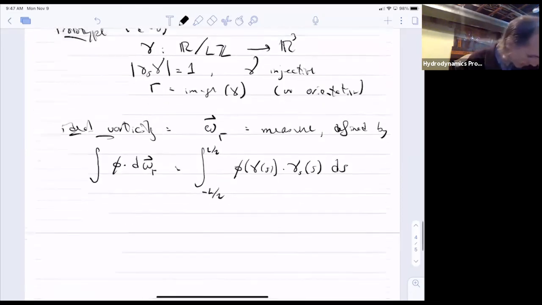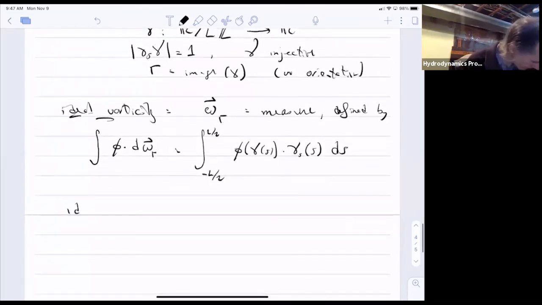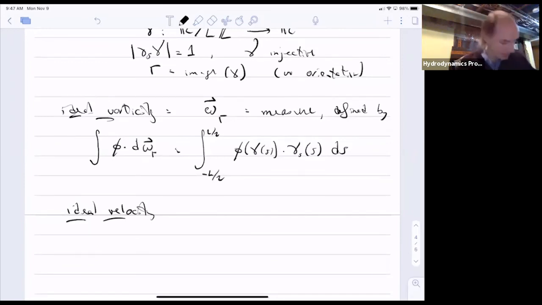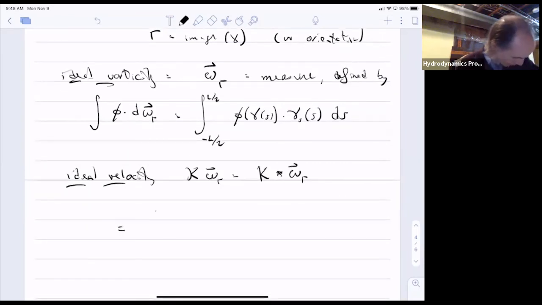And then the ideal velocity is, well, I would just apply the Biot-Savart kernel to this, and so that's K convolved with this omega gamma. And if I remember the kernel correctly, that would be, say, u of x.